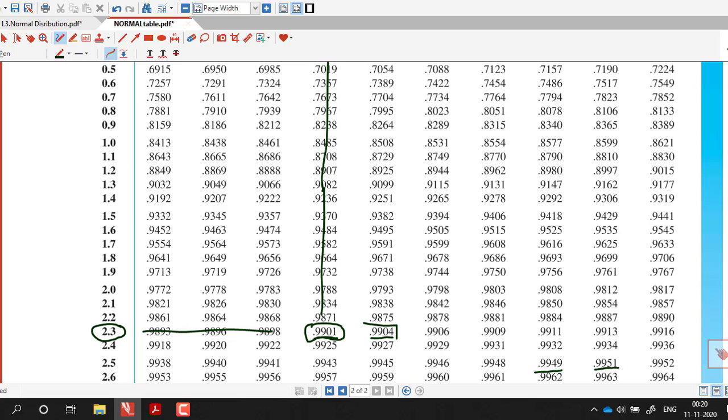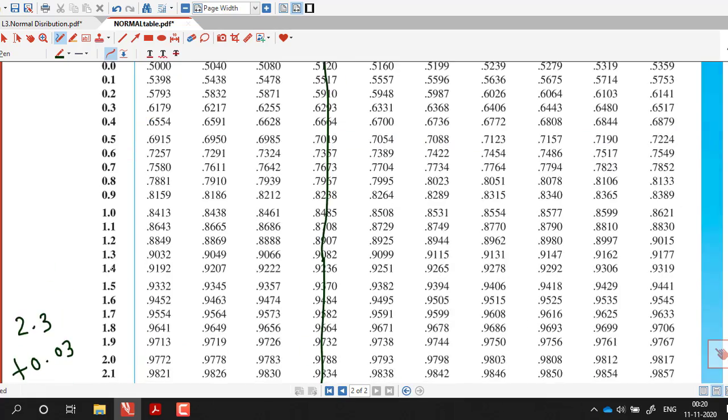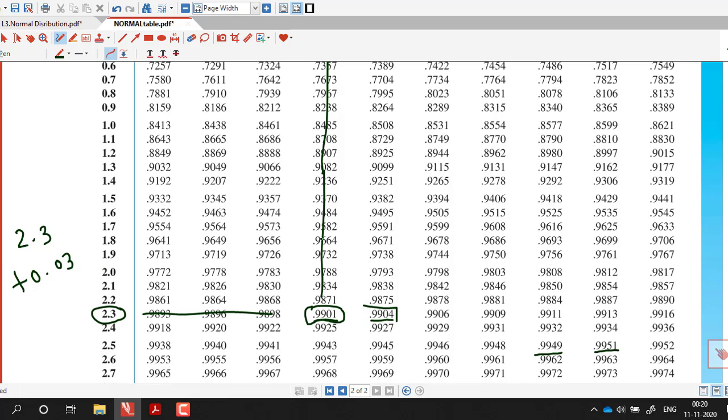So 2.3 corresponding to the row plus 0.03 corresponding to this column. So 0.9901 is the area corresponding to this value of z, 2.33. This is for 0, this is 1, 2 and 3. So the value of z corresponding to 0.9901 is 2.33.